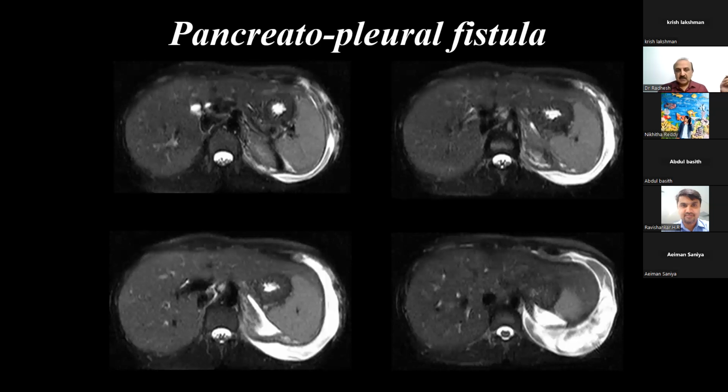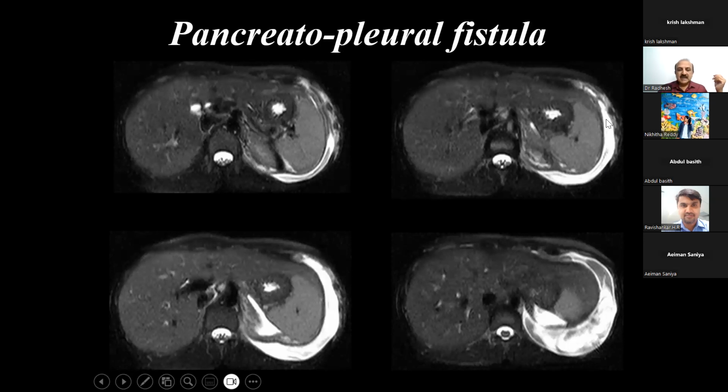Pancreaticopleural fistulas can also be picked up very well with the source images or even the MRCP, where this patient had a ductal injury and this was tracking into the left pleural cavity. So this is the pancreatic duct, and you see the leak in the perisplenic area and also extending into the pleural cavity.